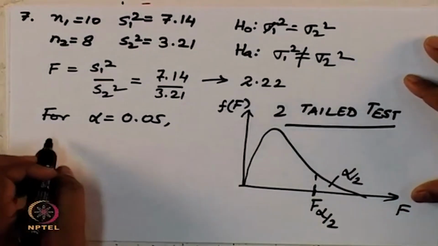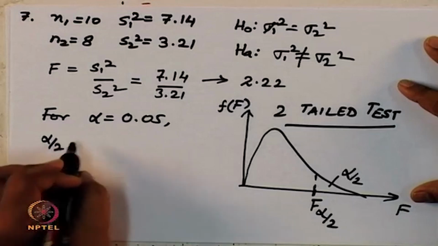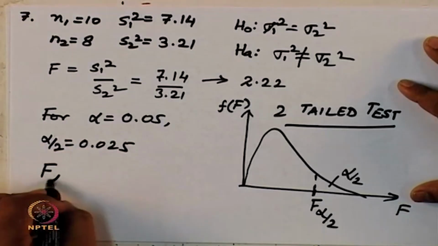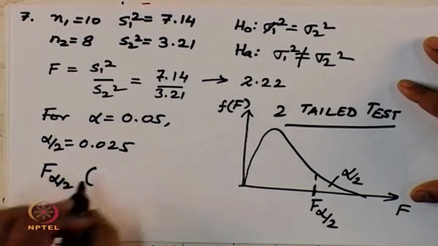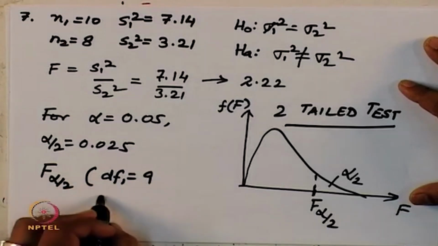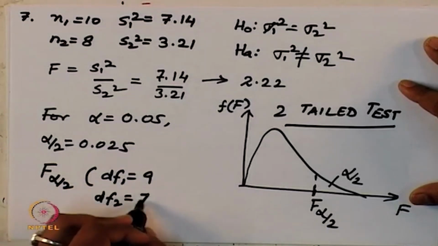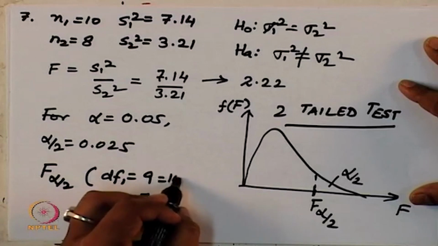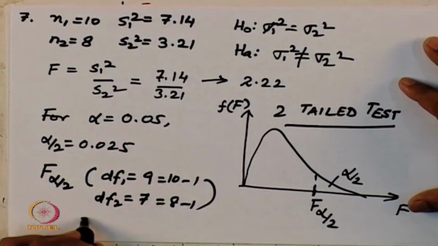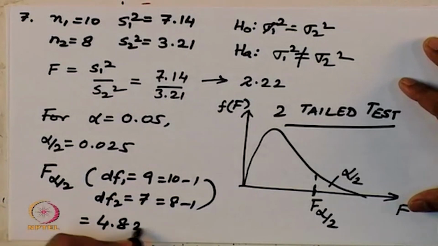So, for alpha by 2, in this case alpha by 2 is equal to 0.025, you will look up the value of f of alpha by 2 corresponding to df1 equal to 9 and df2 equal to 7. 9 is 10 minus 1, this is 8 minus 1. So, this f of alpha by 2 is 4.82.